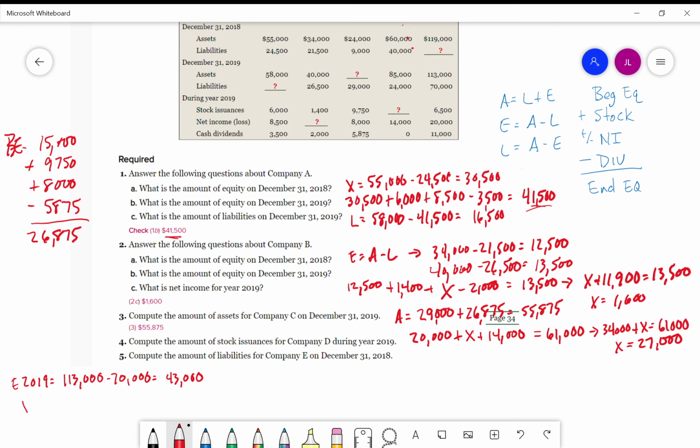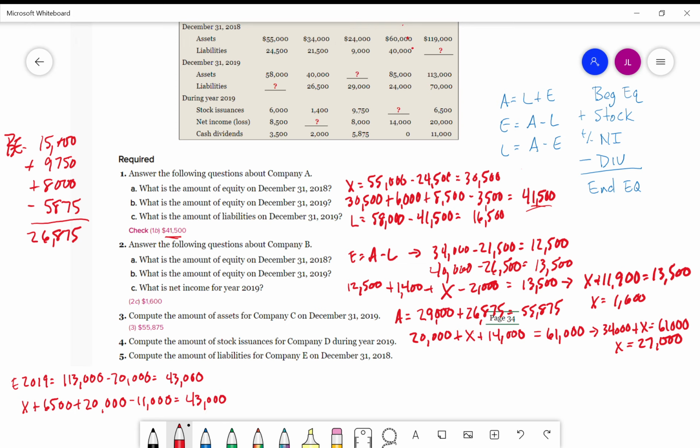So we can have X plus our stock issuance of 6,500, plus our net income of 20,000, minus our cash dividends of 11,000, gives us our ending equity, which was the 43,000.